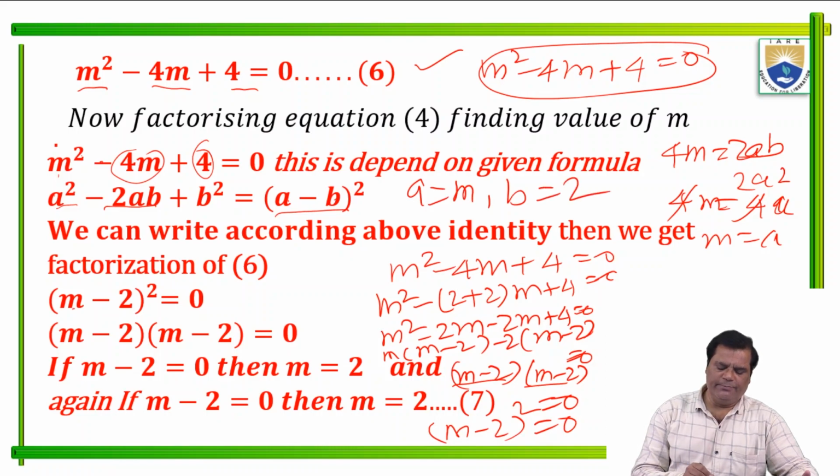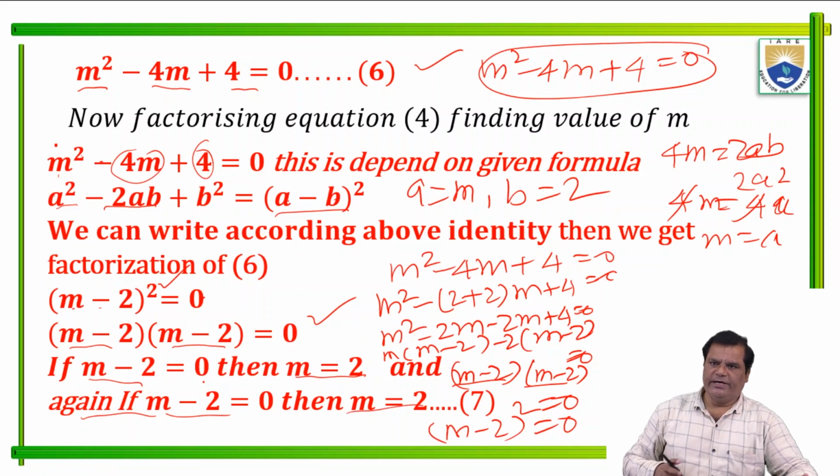So we get (m − 2)² = 0. A square means multiplying two times, as x² equals x into x. Similarly, (m − 2)² is (m − 2) into (m − 2) equal to 0. If m − 2 equals 0, then m is 2, and again m equals 2.